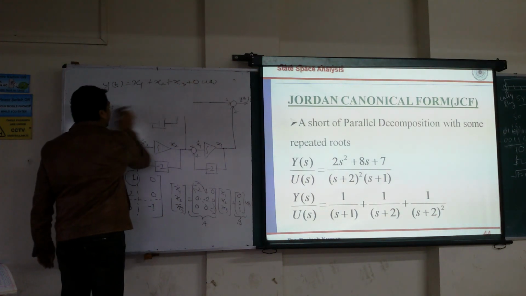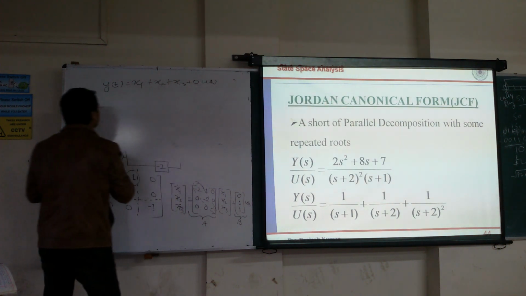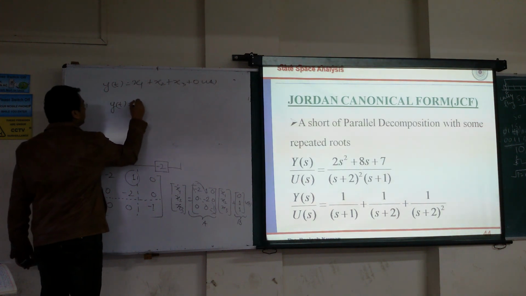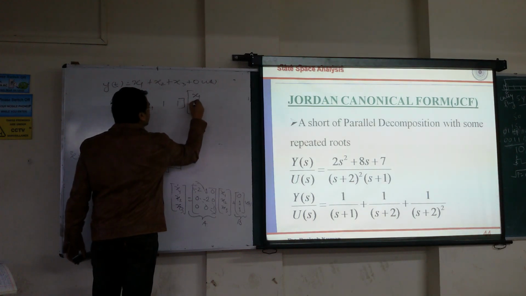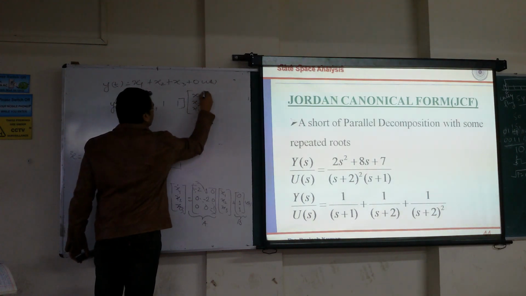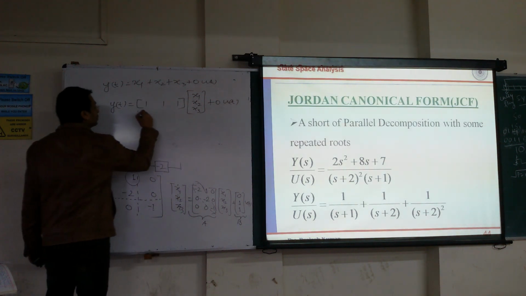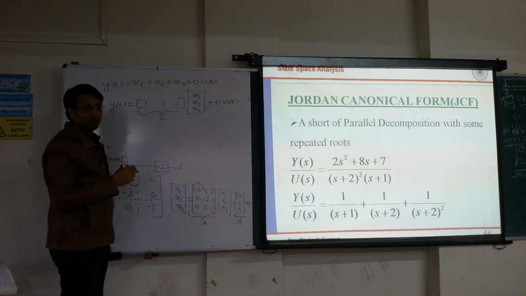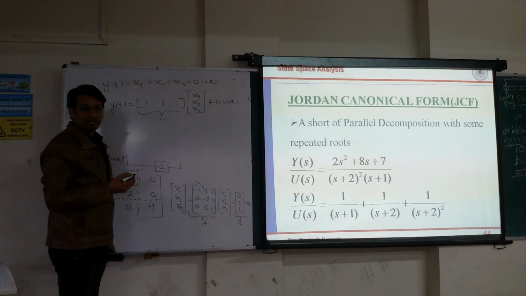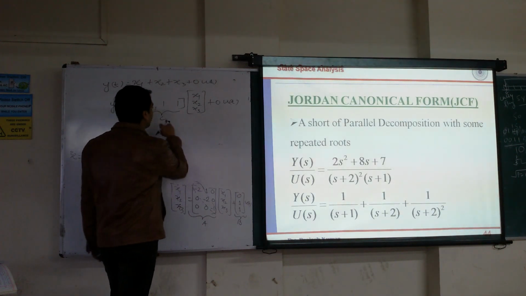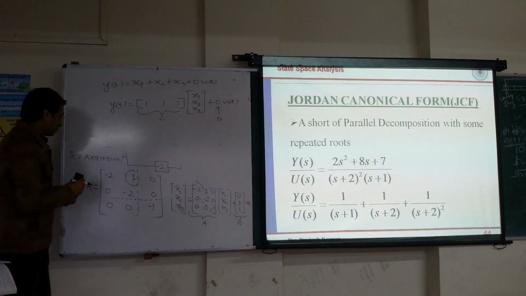If you represent this output equation in matrix form, you get yt equal to 1, 1, 1 multiplied by your state vector plus 0 ut. So this is your matrix C. It will always remain 1, 1, 1 whichever integrator output you take as the state variable, wherever you start from. Correct up to here?